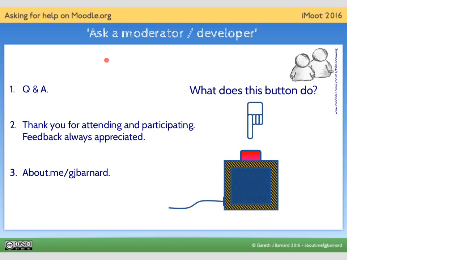I do cover ports in the slides, but please contact me via the course on iMoot if you're uncertain about what that slide means or what an IP port is. Certainly 8080 is called the alternative HTTP port, and that will be fine.